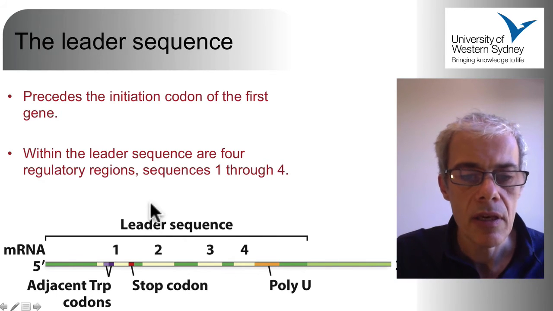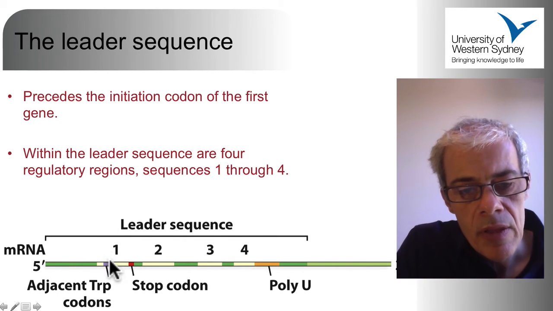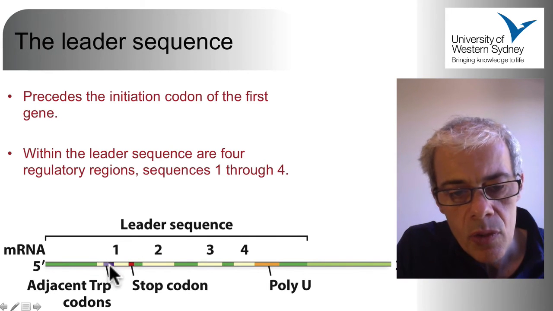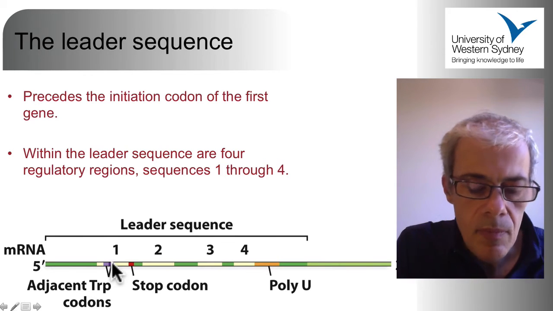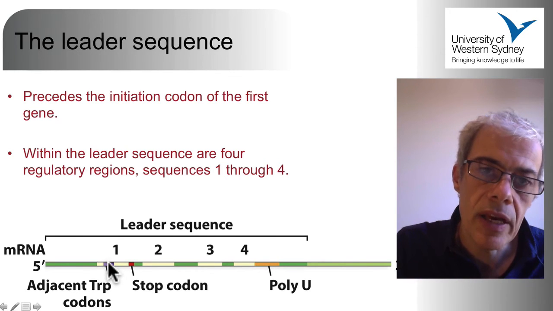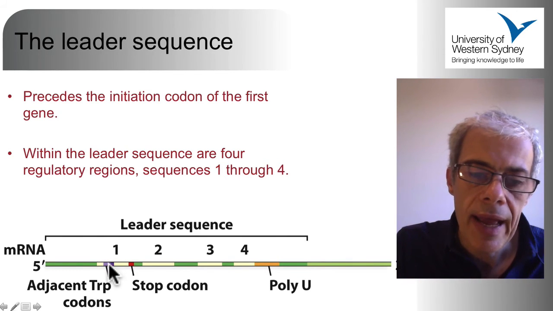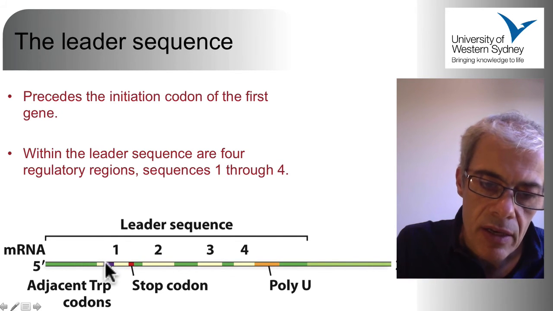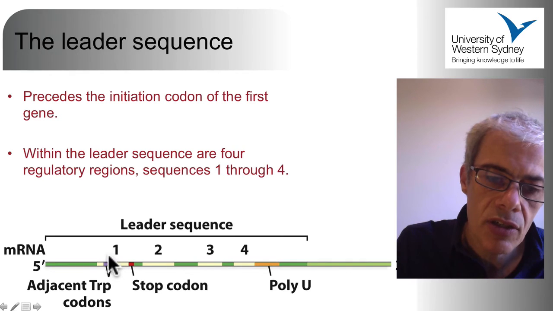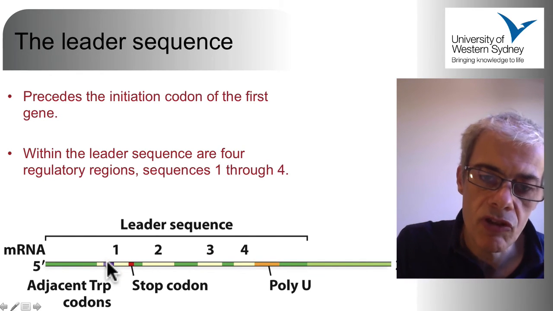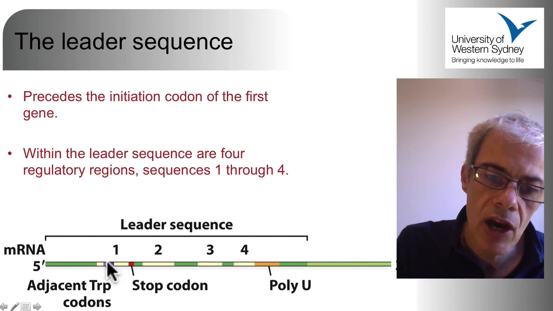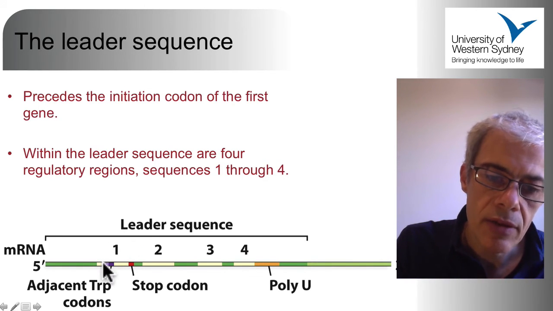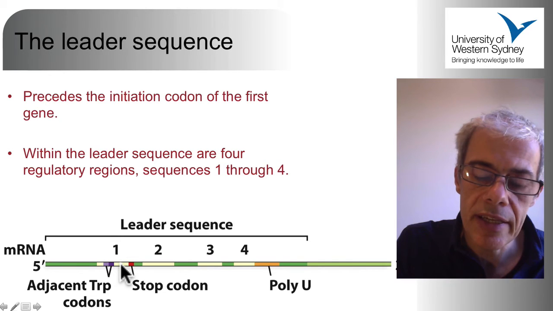The other important bit of information is that the leader sequence contains 2 codons for tryptophan. So don't forget, this is the Trp operon, and if tryptophan is present, then you can easily find charged tryptophans, which are tryptophans attached to transfer RNA, and therefore the ribosome can translate through this region quickly and easily.